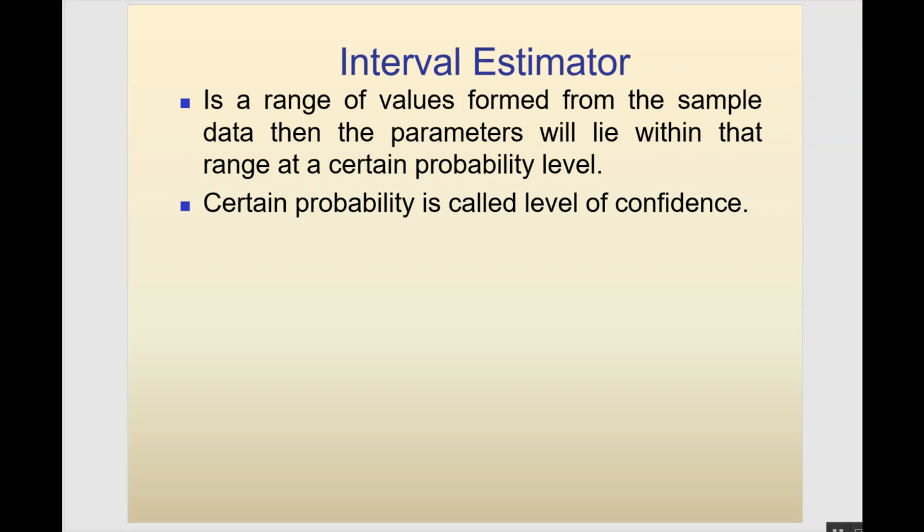For example, a less than mu less than b is an interval estimate of the population mean mu. It indicates that the population mean is greater than a but less than b. So this is an example of an interval estimator.